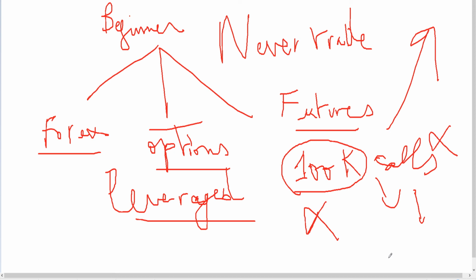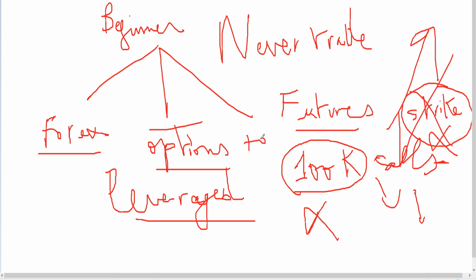It doesn't exist, because this call is related to a strike, and this strike in the chain doesn't exist anymore, because this stock has gone from 70, let's say, to 50.